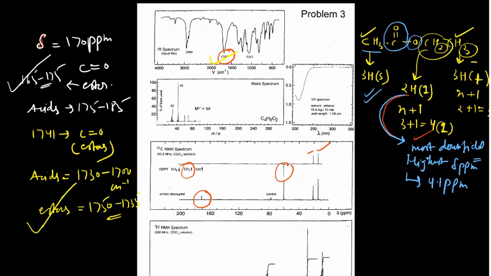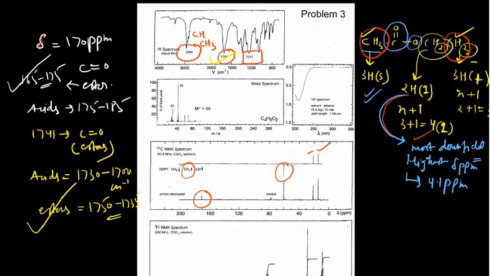So IR is also suggesting that it is an ester, and moreover you can see here 2984. What is 2984? It is the CH stretch of the methyl, okay, this methyl is there and this methyl is there. Another point you may observe here is 1243.